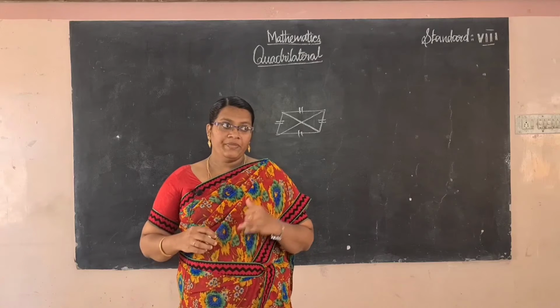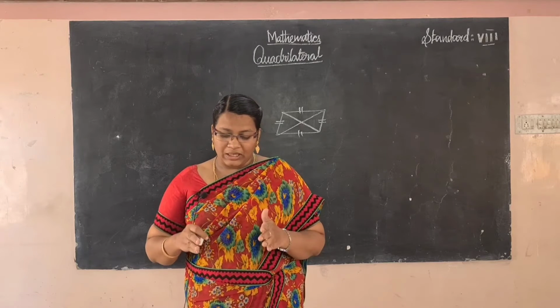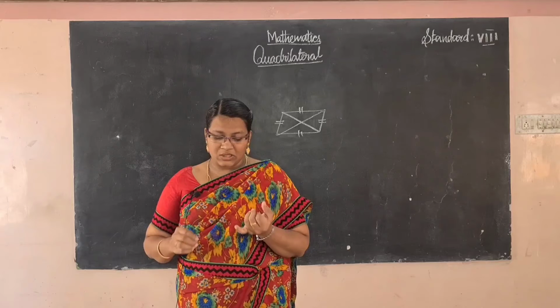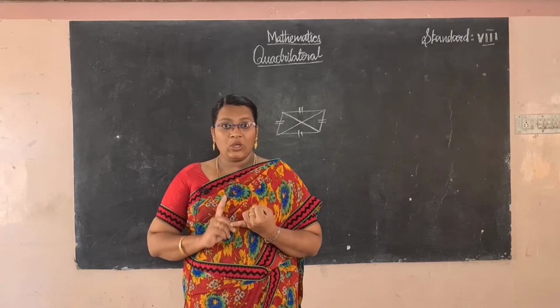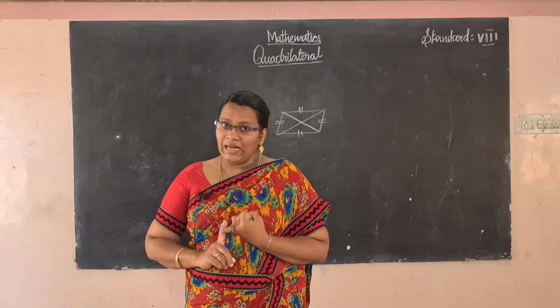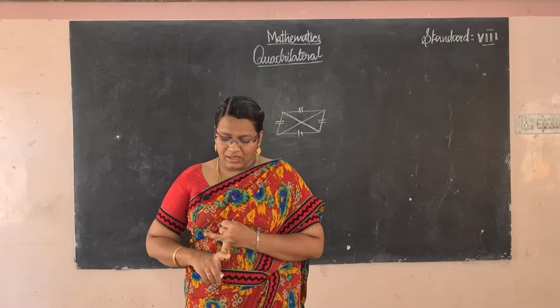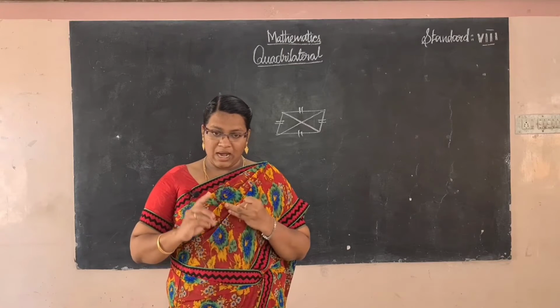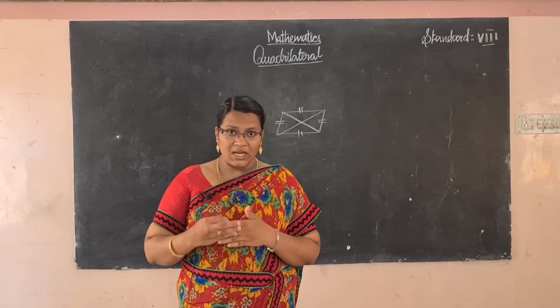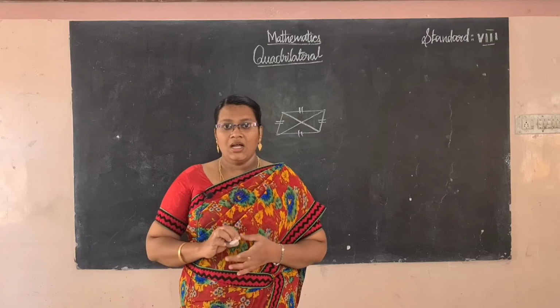And next one, properties of a rectangle. It has two properties. One is the diagonals are equal. The length of the diagonals are equal, and then opposite sides are equal. Adjacent sides are not equal.